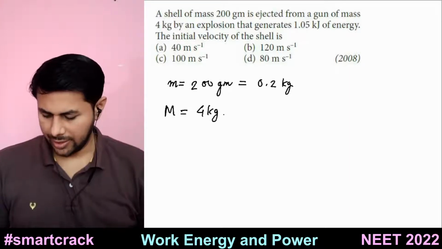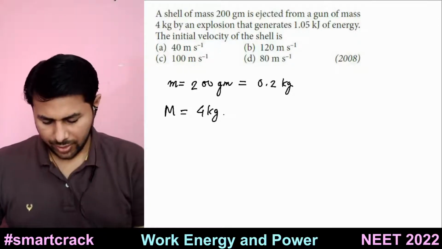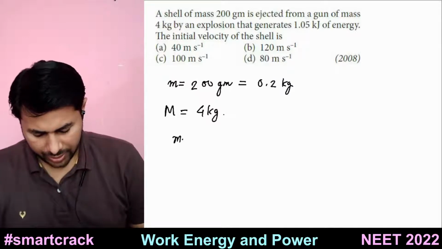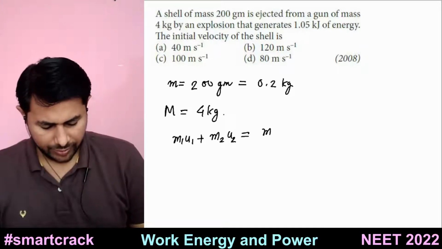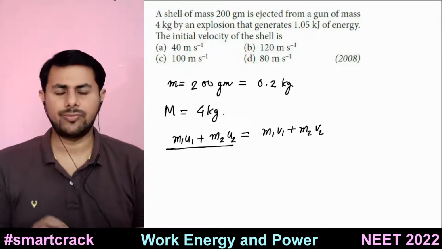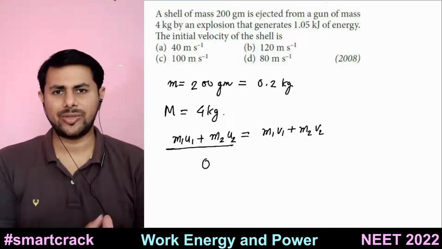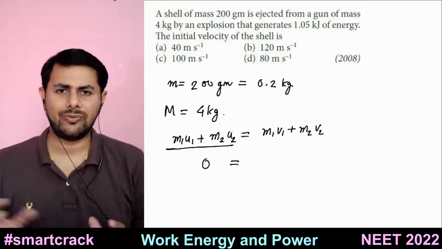So you get the law of conservation of momentum: m1u1 plus m2u2 equals m1v1 plus m2v2. Total momentum before the bullet is ejected is equal to 0, so final momentum should also be equal to 0. And what is m and v?